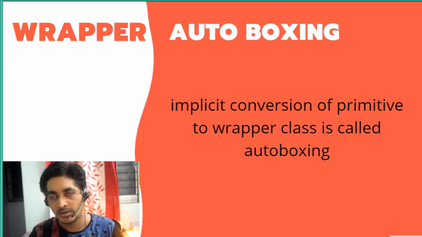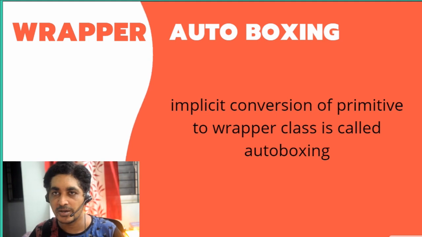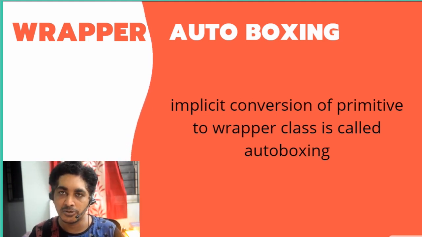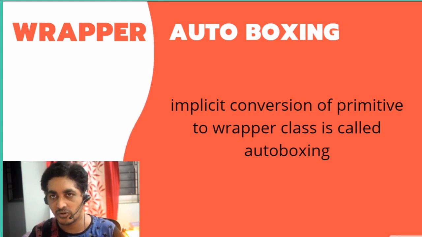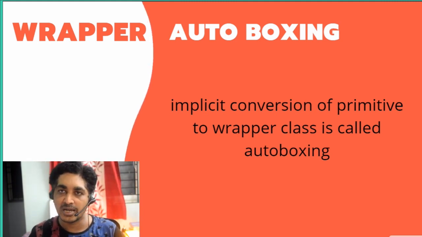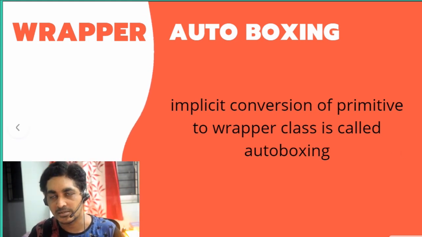So after JDK 1.5, whatever version comes, it will work automatically. So if you have a primitive data type, then you can directly place it into an Integer. This is the way it will automatically convert. But before JDK 1.5, we have to convert explicitly, otherwise it won't convert.